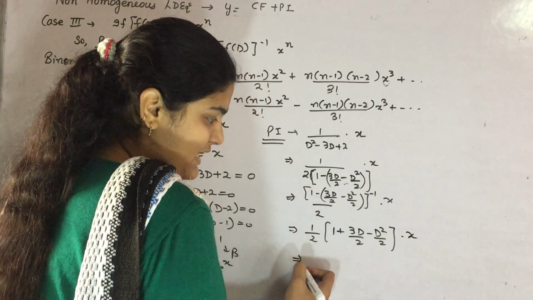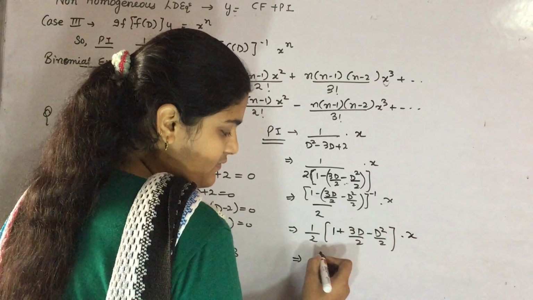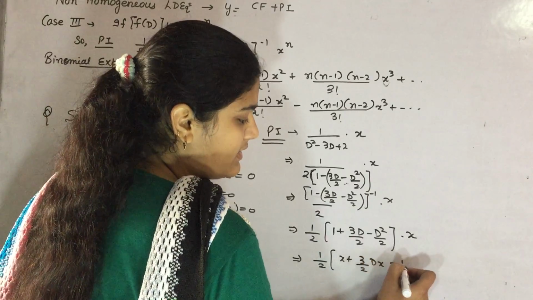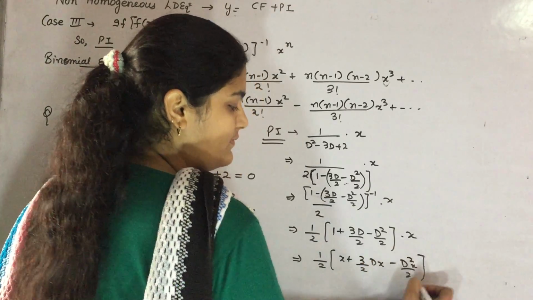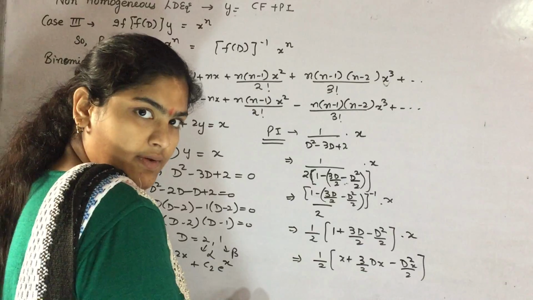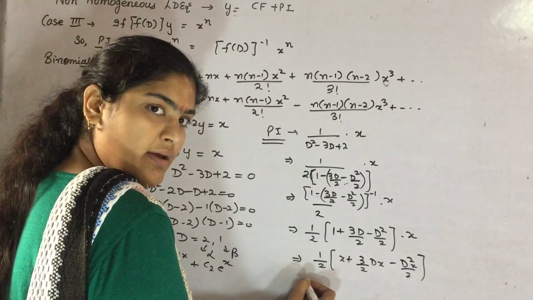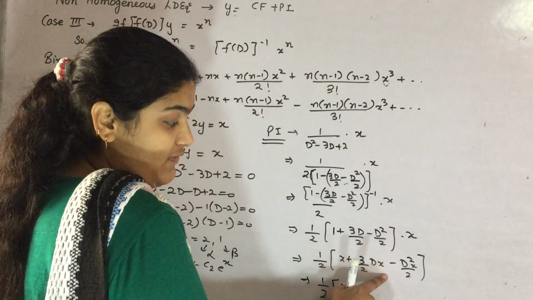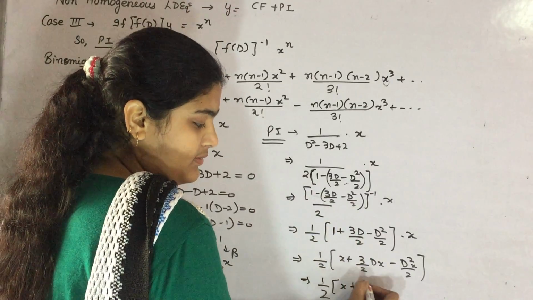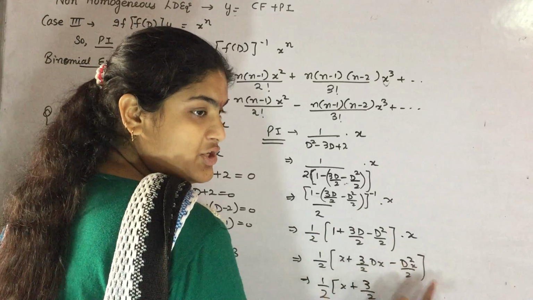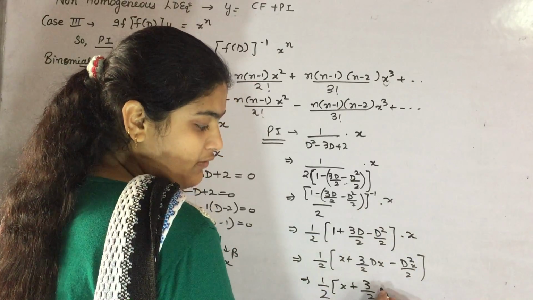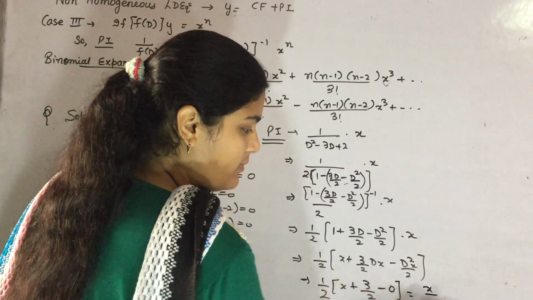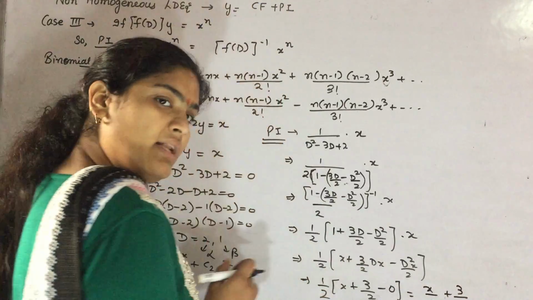Now expand it, multiplied with x, this is x plus 3 by 2 Dx minus D squared by 2 x. Differentiation of x is 1, and again differentiation of 1 is 0. So this will become 0 and the form is x by 2 plus 3 by 4. This is your particular integral.